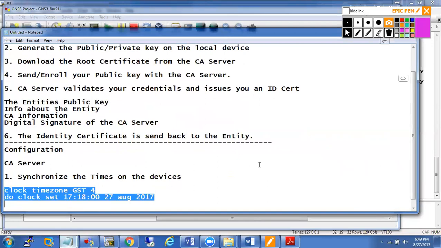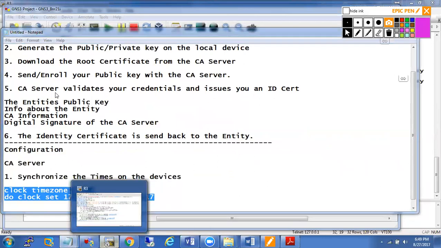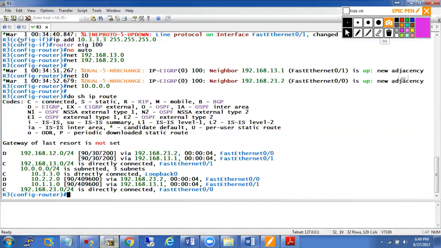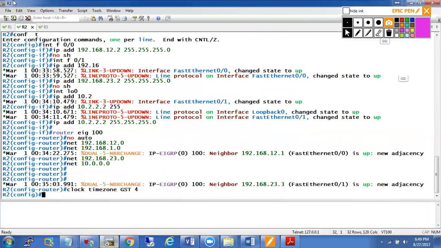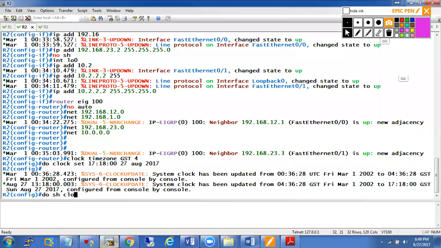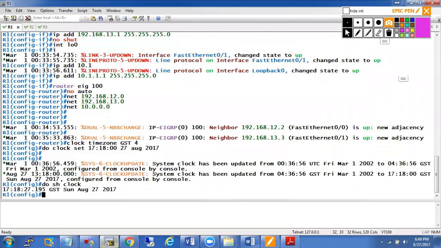And I will do this on all my 3 devices. So I'll go to router, and over here, show clock. Show clock. So as you guys can see, my times are set properly on all the different devices.